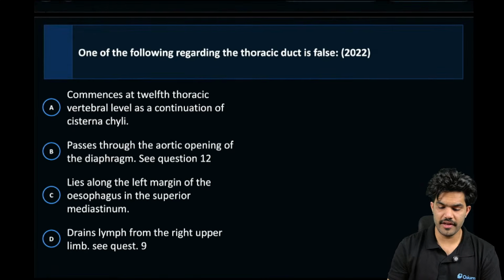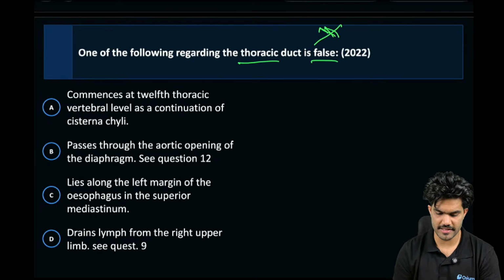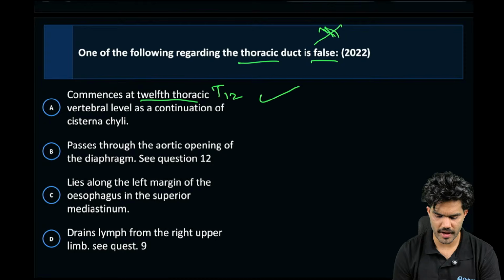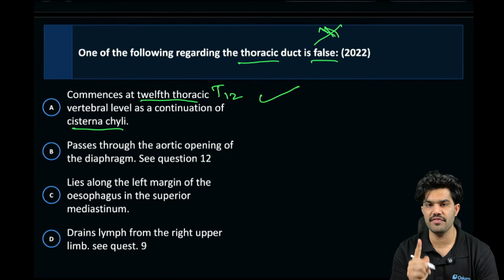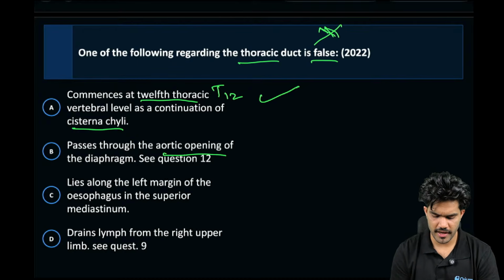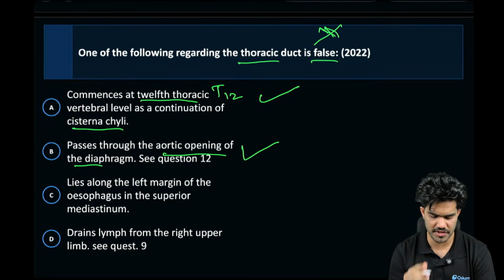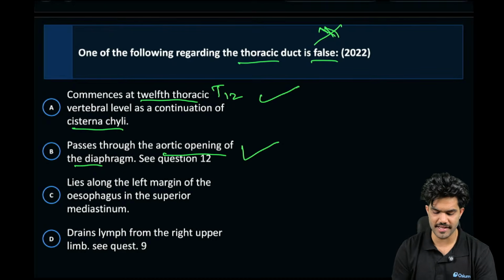One of the following regarding thoracic duct is false. Which one is false? Let's see. Commences at the 12th thoracic vertebra. Yes, it's true. It's a continuation of cisterna chyli. This is the definition of the origin. Passes through the aortic opening. Yes, thoracic duct is passing through aortic opening. This is also revision for you. Lies along the left margin of the esophagus in the superior mediastinum.